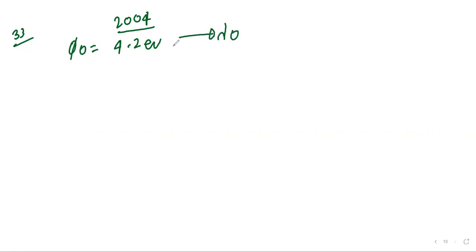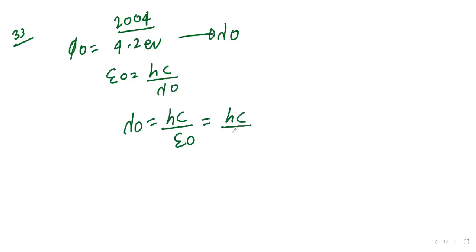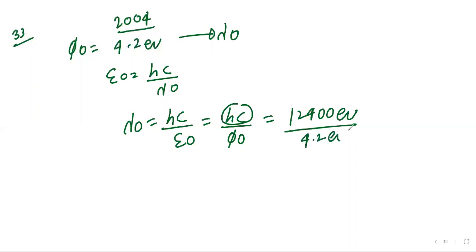E naught is equal to hc by lambda naught, so lambda naught is hc by E naught. hc by lambda naught is nothing but phi naught only. We know the value of hc, 12400 electron volt angstrom, and phi naught is also given in electron volt.